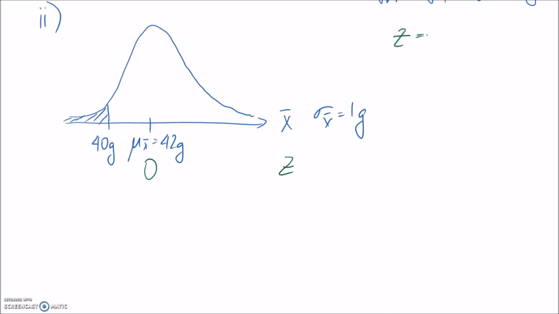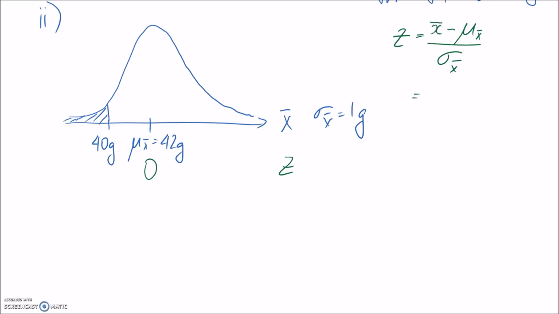So the equation is basically the same, except I'm now going to use the notation of sigma and mu with the subscript. So we said before that it was equal to x, and this time I'm going to call it x bar, minus mu, with a little subscript, over sigma. So it's exactly the same equation. All I've done is modify it to include the notation of the variable that we're working with.